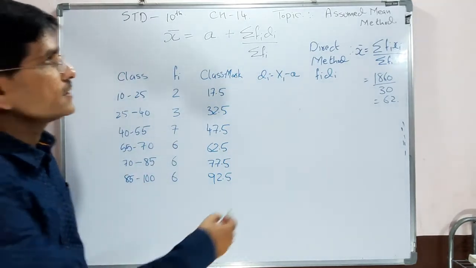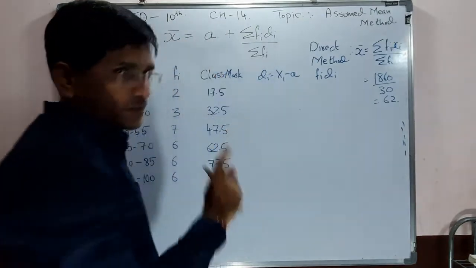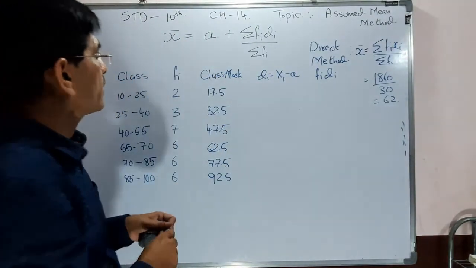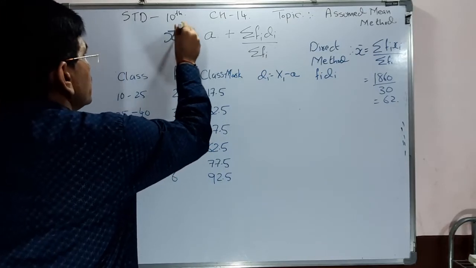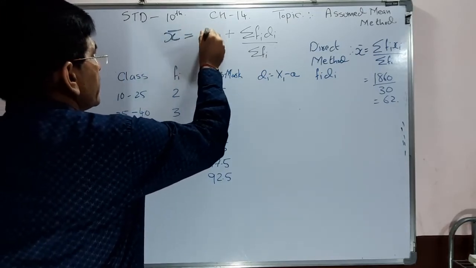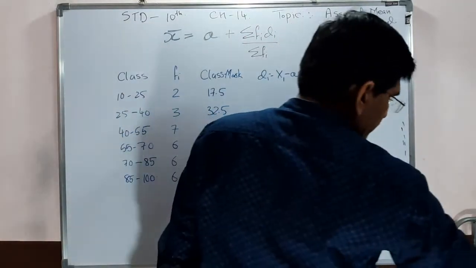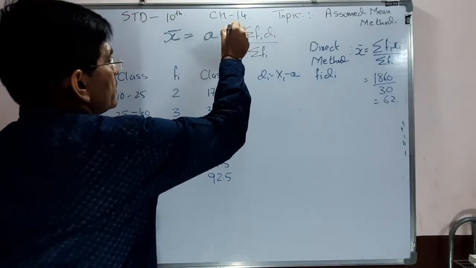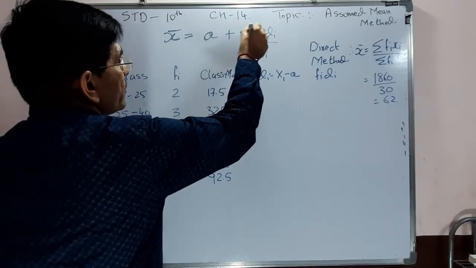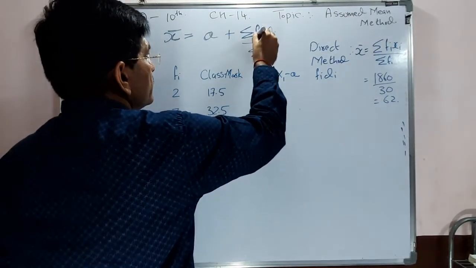Now, important for the assumed mean, first of all the formula: x bar is equal to a, that is the assumed mean, plus sigma fi di upon sigma fi. We know that sigma means sum.